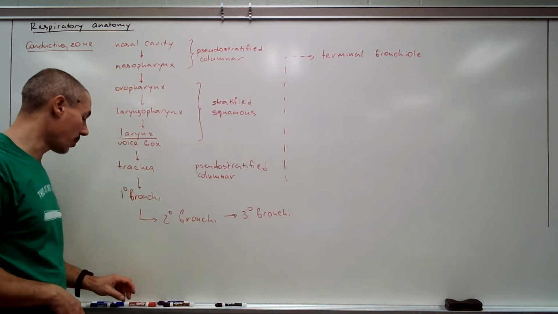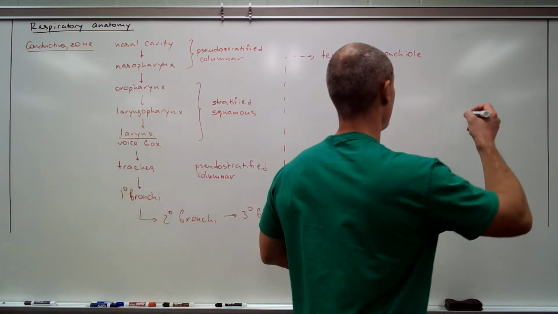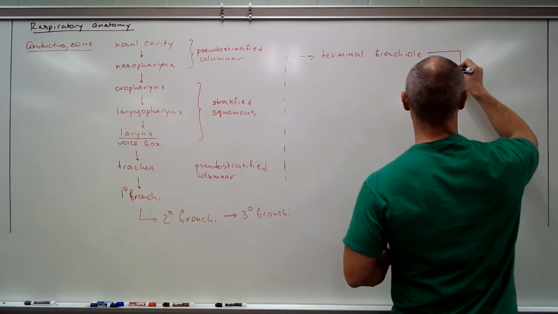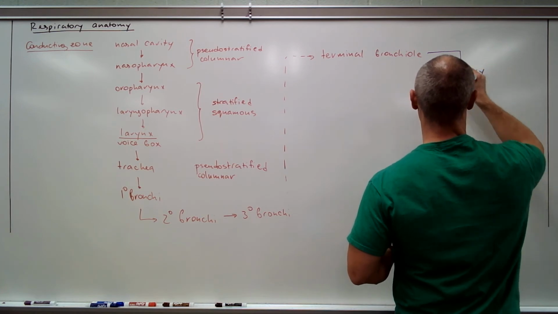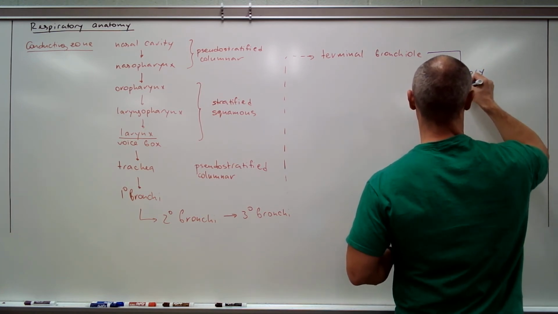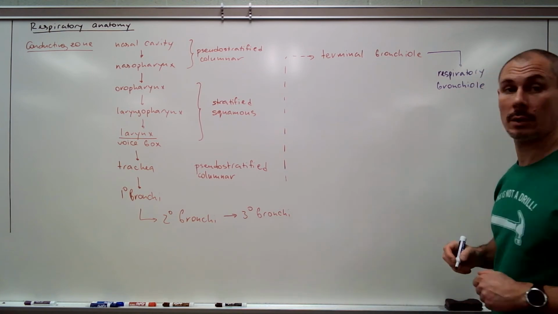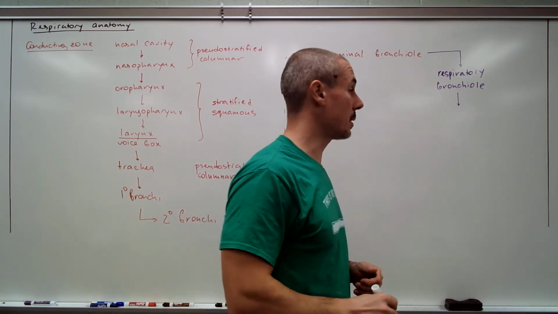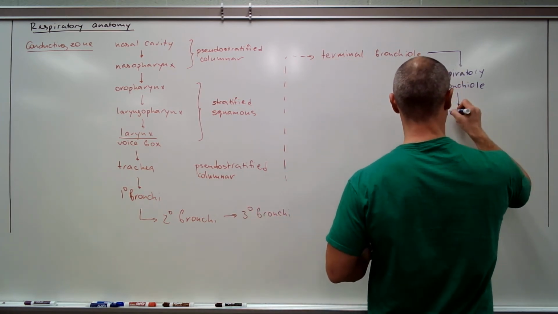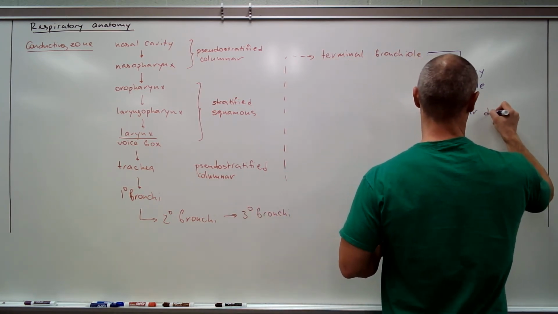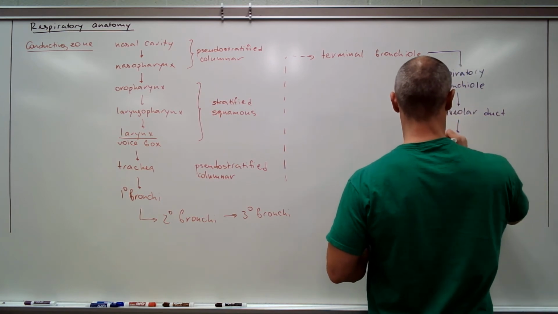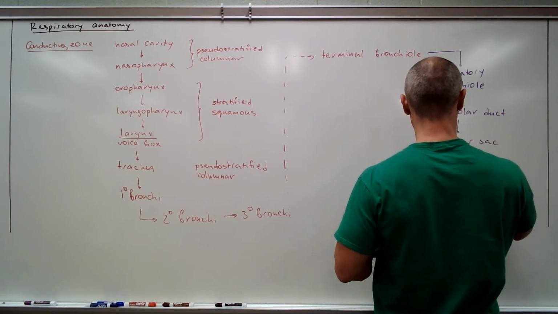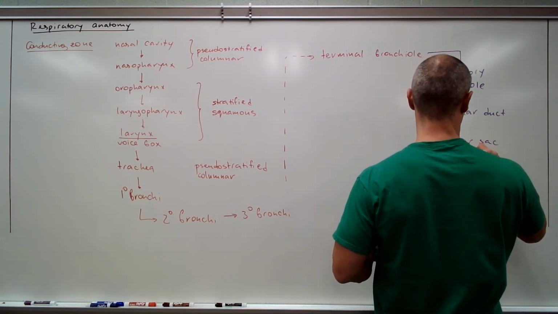And then terminal bronchiole changes into a respiratory bronchiole. Which then feeds into the alveolar duct, which leads to alveolar sac that consists of multiple alveoli.